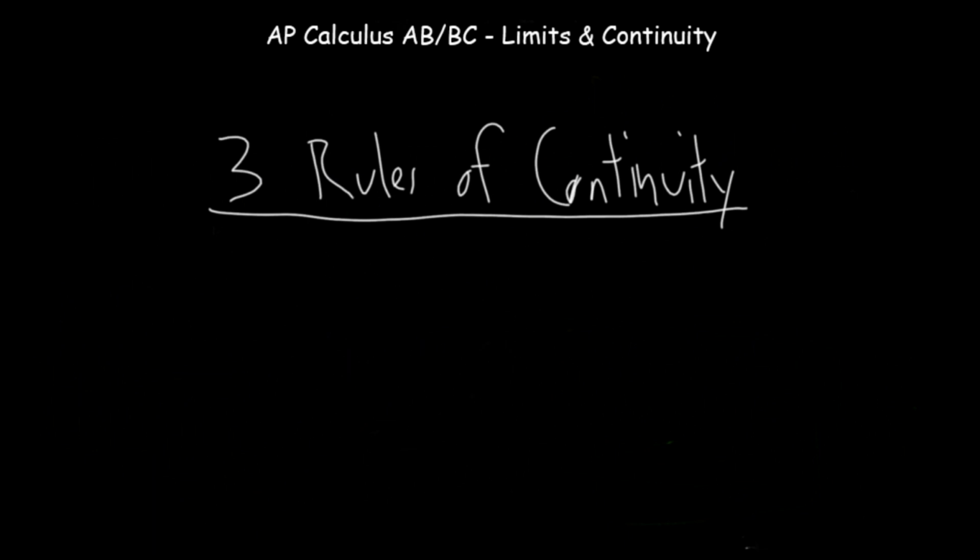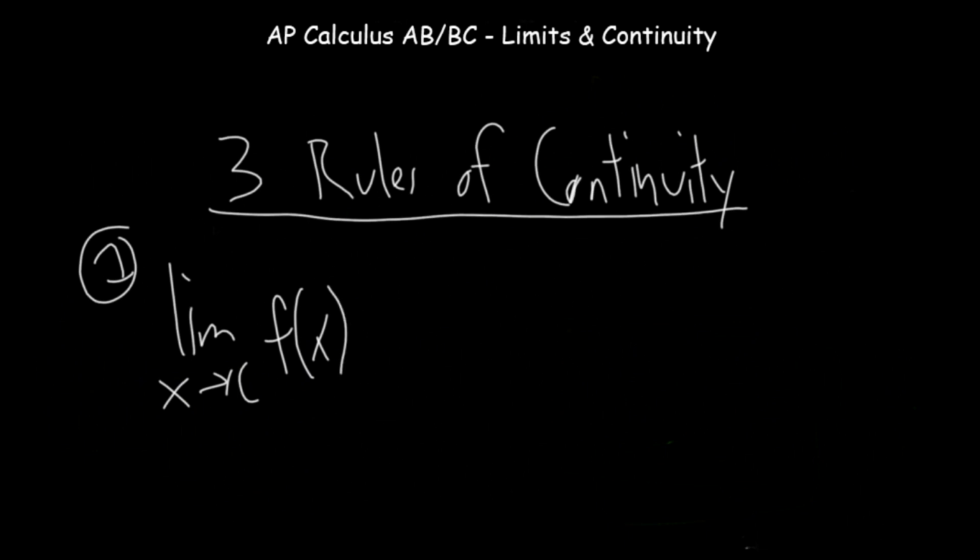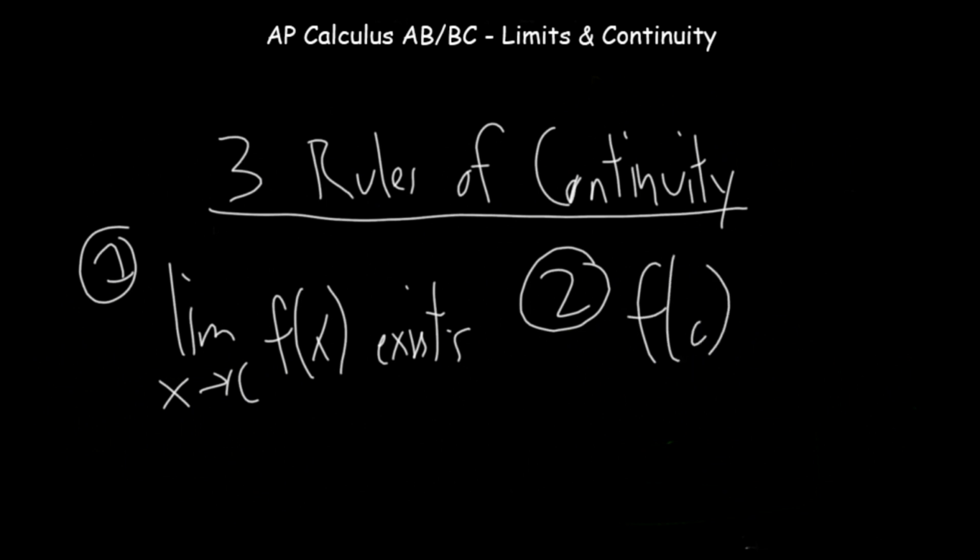Anyways, the 3 rules of continuity. First, the limit as x approaches c of f of x must exist. It has to exist. Second, f of c is defined.